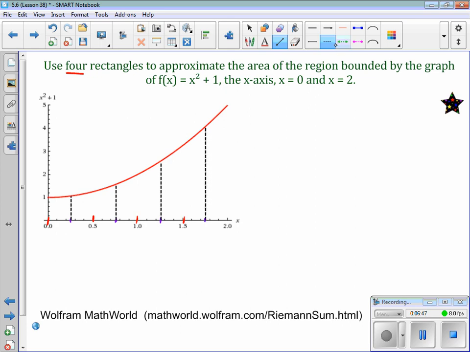And then once you have that, you're going to do what? Draw your rectangle. So this rectangle is going to have this height going across there, and then it would go down to here. Okay, the next rectangle would hit here where that dotted line hits.